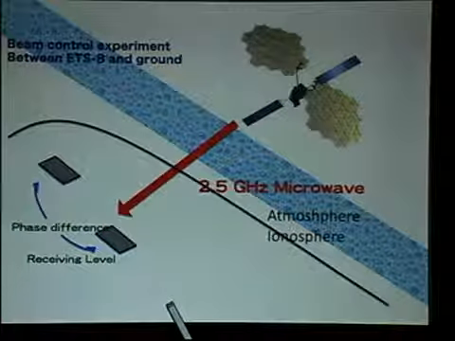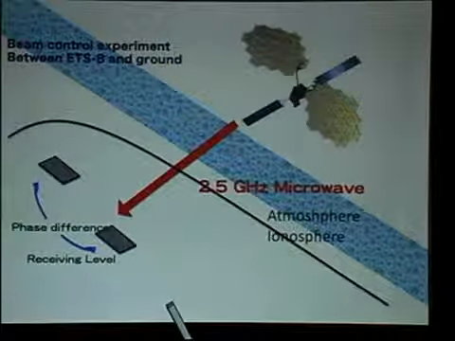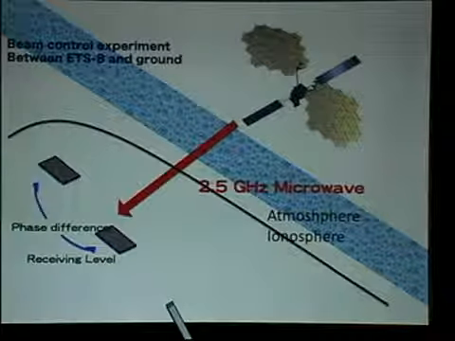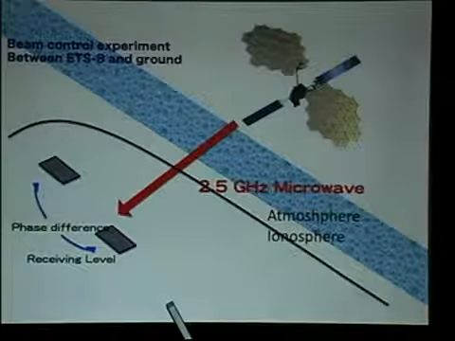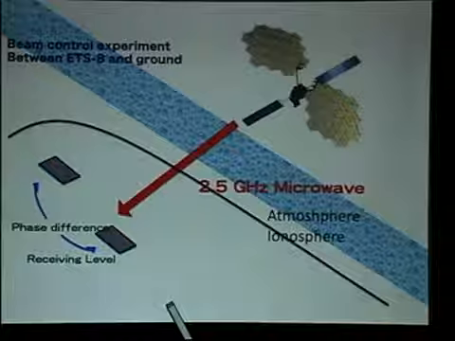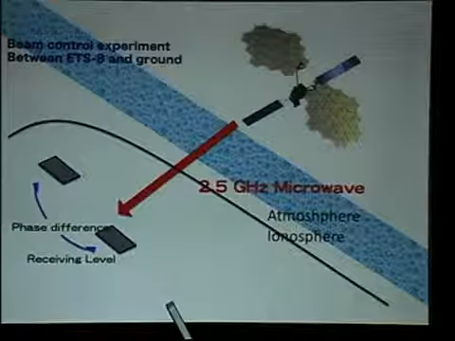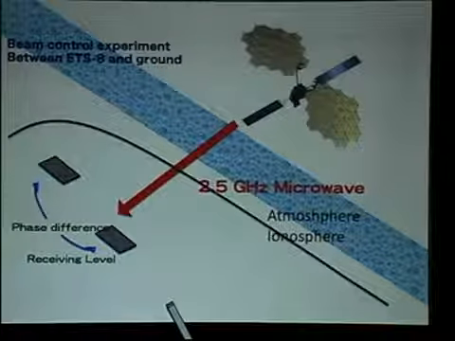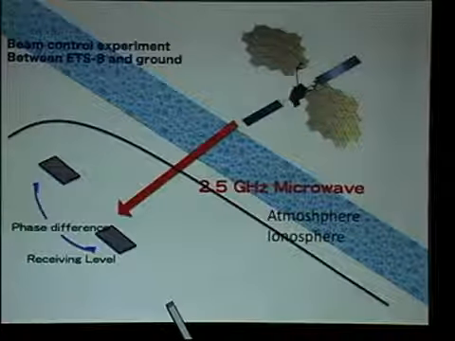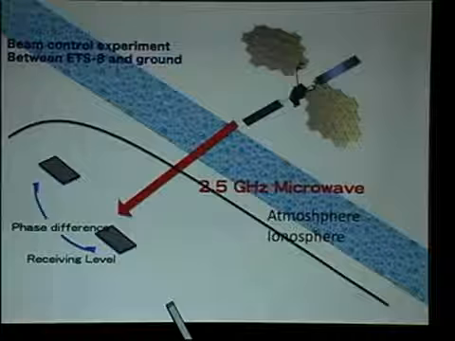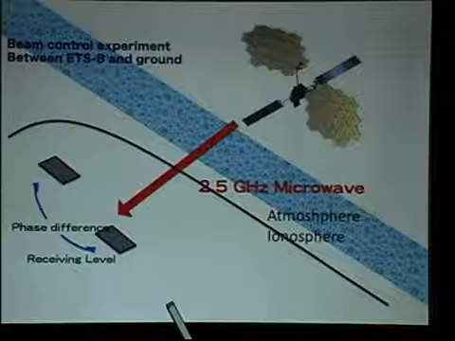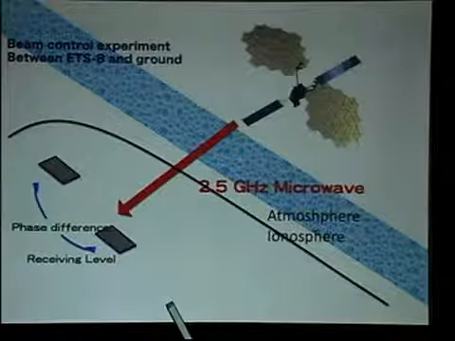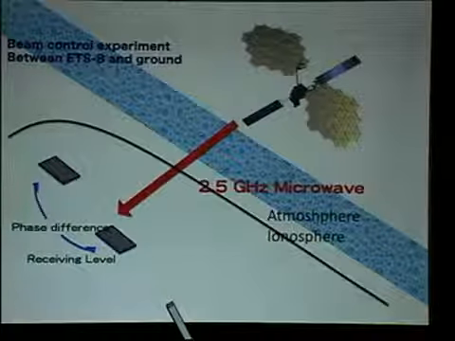We try to receive the 2.5 gigahertz microwave from ETS-8, a geostationary satellite. The microwave passes through the ionosphere and atmosphere, so we can measure how large the variation is.